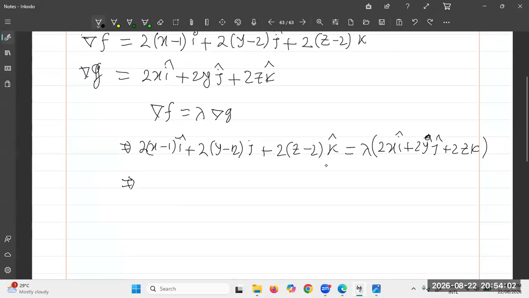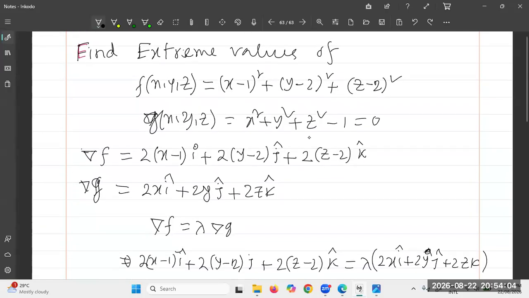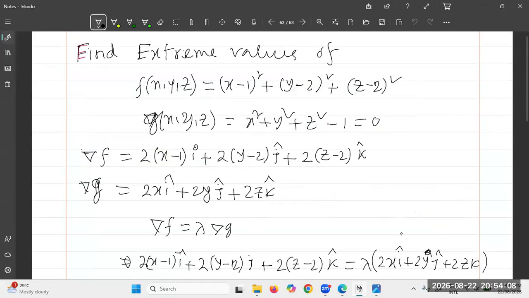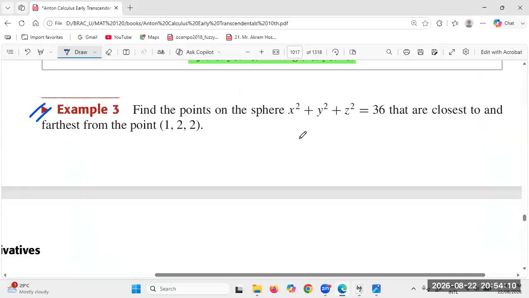So where did you get the value of g of x, y, z? How did we get this quantity? In this case, our point is on the sphere x squared plus y squared plus z squared equal to 36. We need to find the points on this sphere for which the distance from this particular point is farthest or closest.